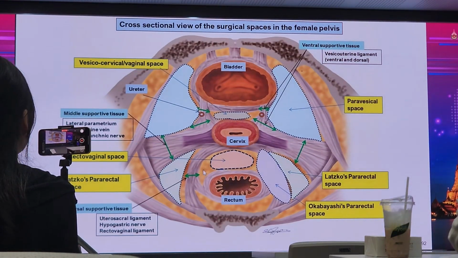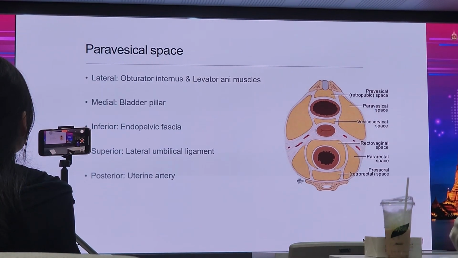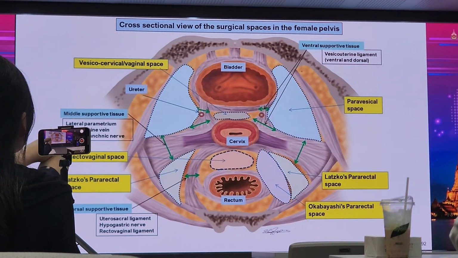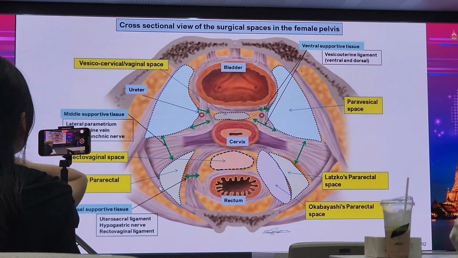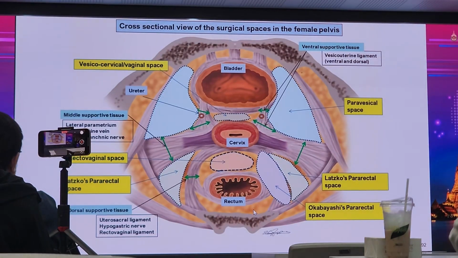For the dorsal supportive tissue, this is the uterosacral ligament, the hypogastric nerve, which we'll talk about in detail later, and the rectovaginal ligament. And please notice that this is not just the pararectal space. This is the lateral pararectal space, and this is Okabayashi's pararectal space. I will talk about it later.